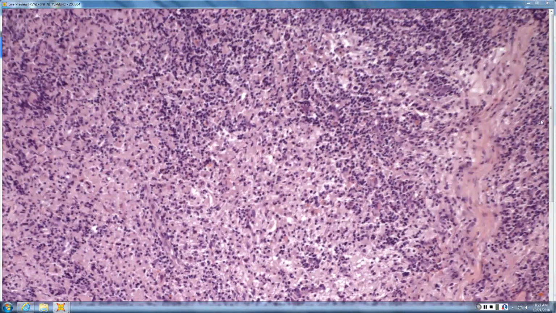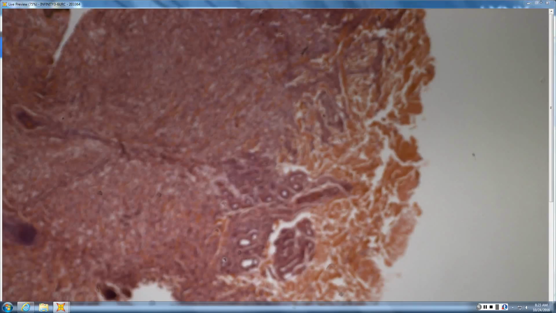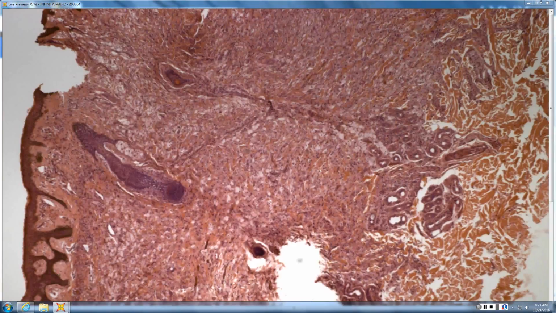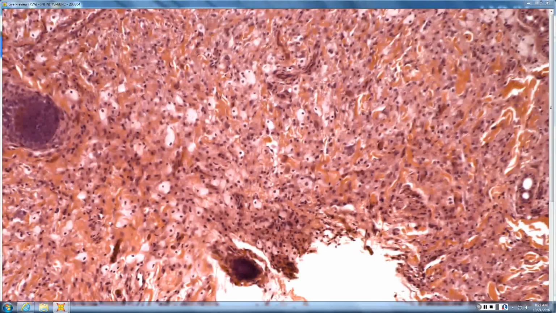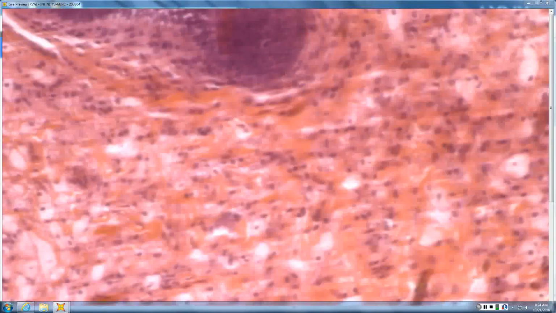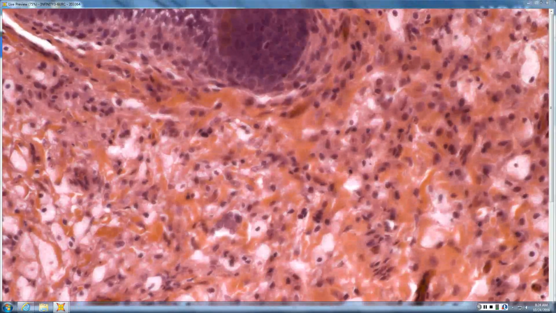So we're thinking like a Rosai-Dorfman? Thinking like a Rosai-Dorfman. Very good. Some foam cells in there.